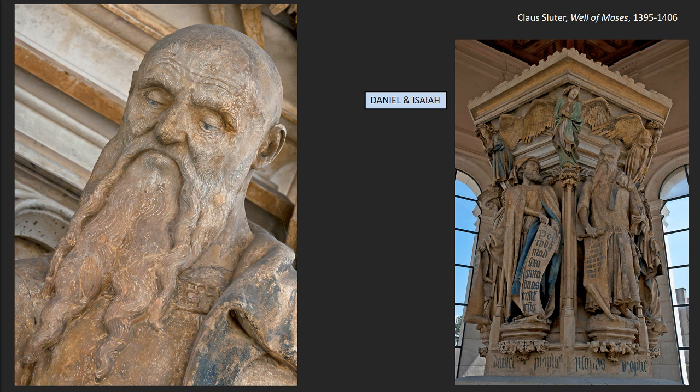Now, one last thing. I should have talked about this before. Remember that this is sitting on top of a well, so it's kind of a multimedia work, right? It has sound as well. But on top of it, there's that crucifixion scene. And there's a symbolism here because the physical water that the monastery needs to survive is associated with Christ as the water of life, right?